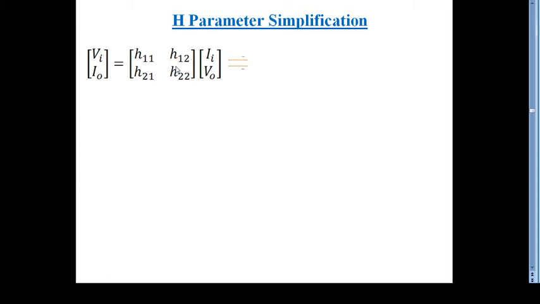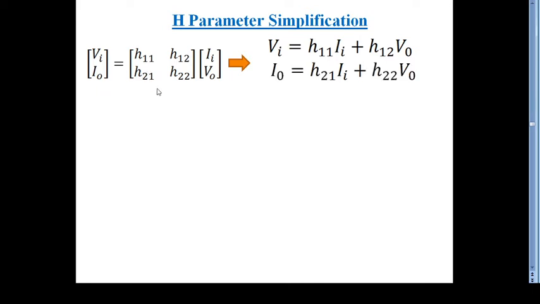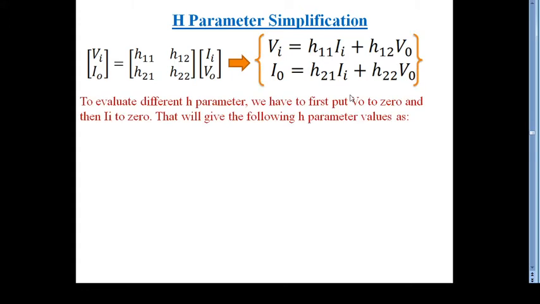The two equations become Vi equals H11 Ii plus H12 Vo, and similarly Io equals H21 Ii plus H22 Vo. It is a very simple matrix multiplication, and we get two linear equations. Now we have to find out the different parameter values.